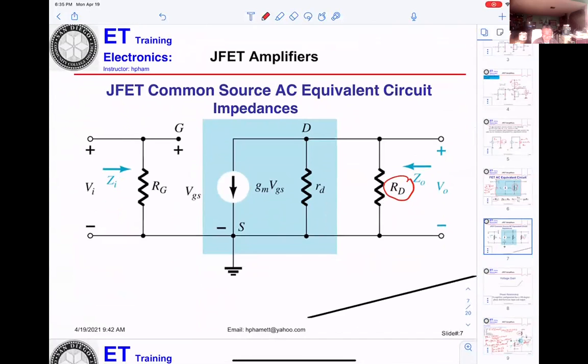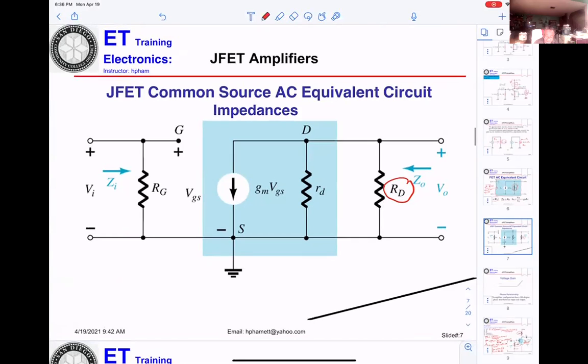Okay, now you can see right here, this is the circuit without the load, like the one we just did. The voltage here is V out, measured from here to the root, across here.